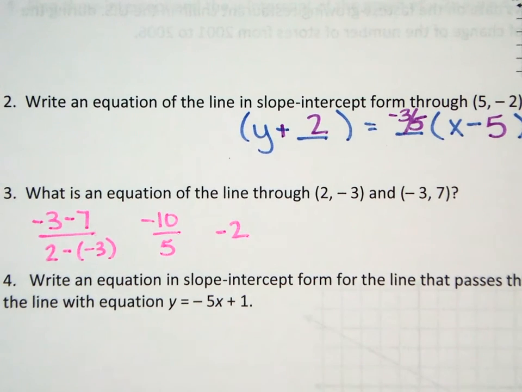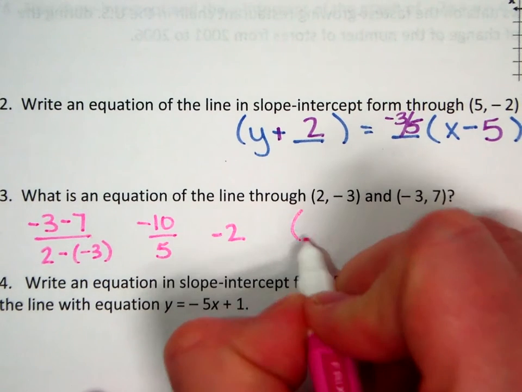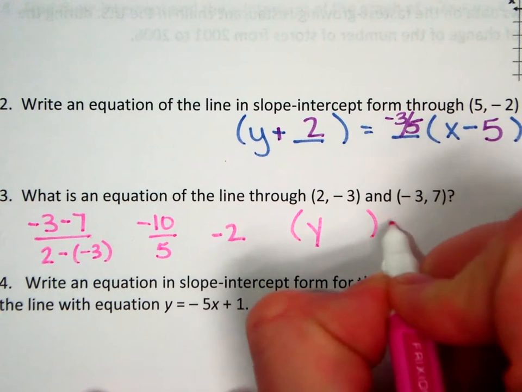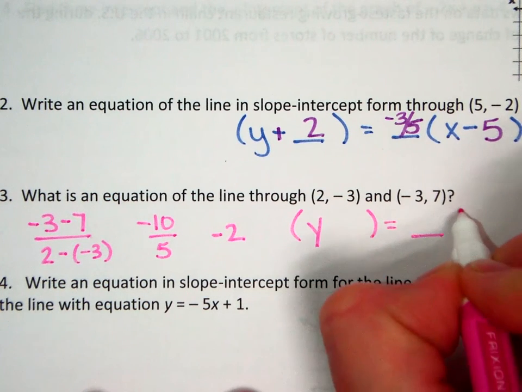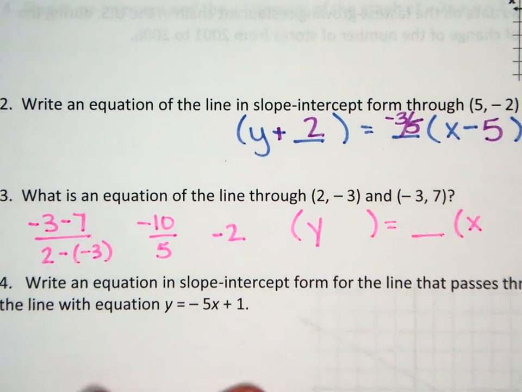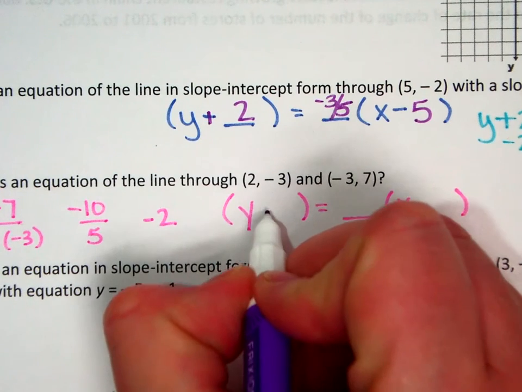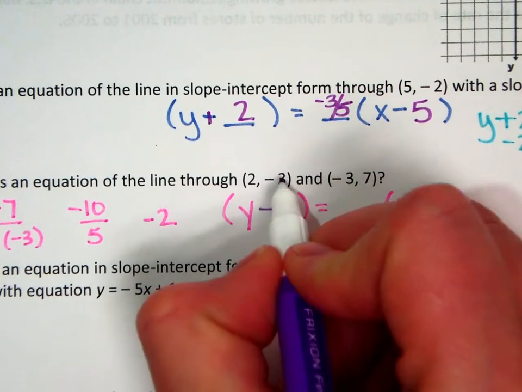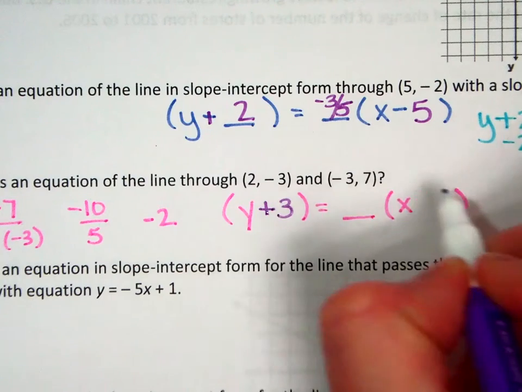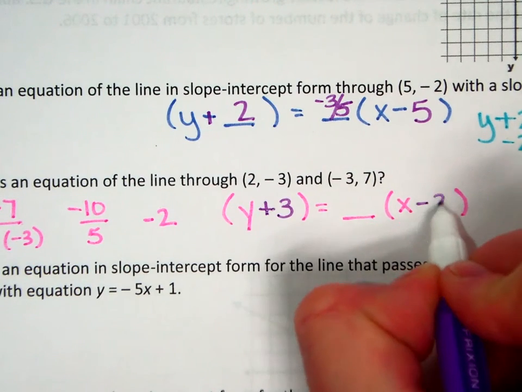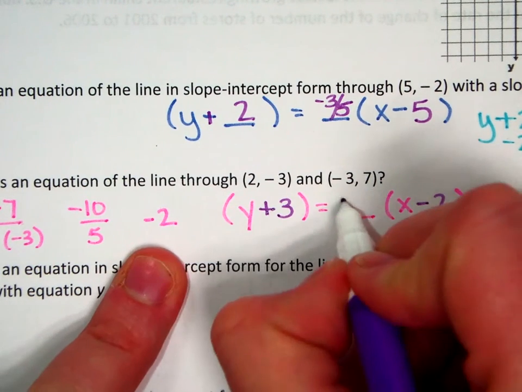Once again, to do this in point-slope form, I'm always going to have y equals slope x here. Now you can pick either point that you want to use. So with the first point, y minus a negative 3 becomes a plus 3. X minus 2 is just minus 2, and my slope is negative 2.